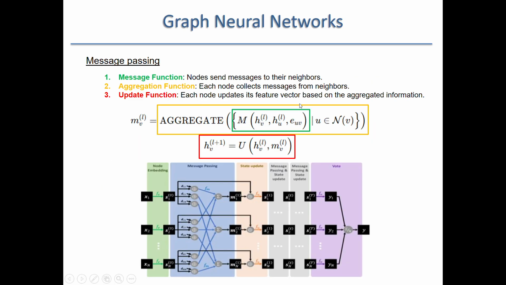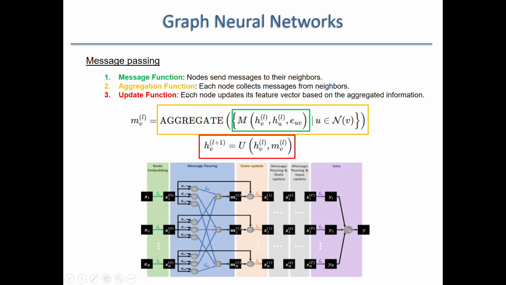V receives a lot of messages, then it aggregates all these messages into a single message. That is the message for V at the layer L, and then it will update the state.